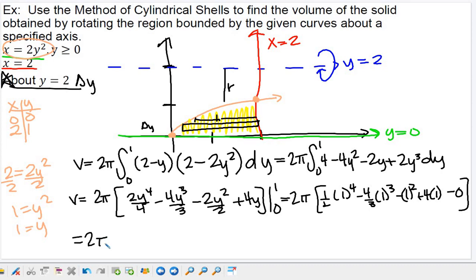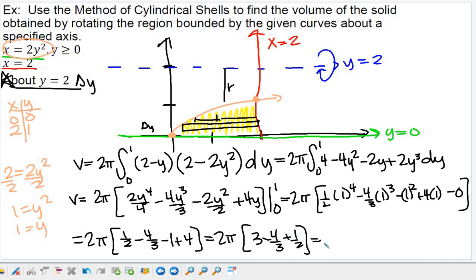So we have 2 pi, one half minus 4/3 minus 1 plus 4. And this would be 3 plus... well, I'm just going to leave it minus 4 over 3 plus 1/2 because I'm going to have to get a common denominator anyway.